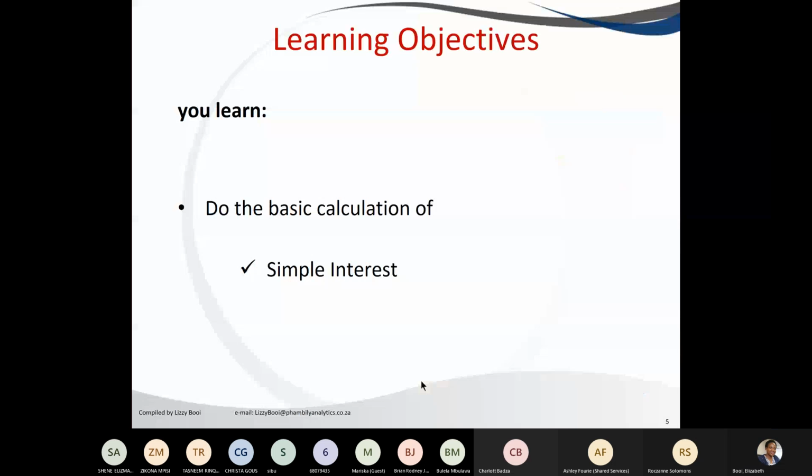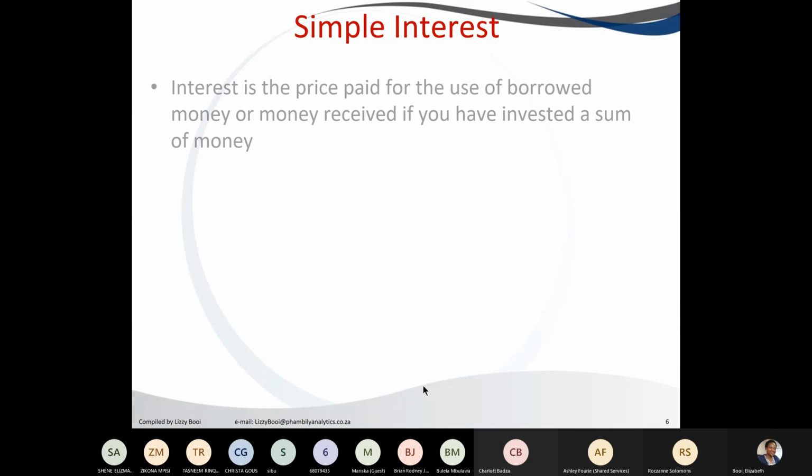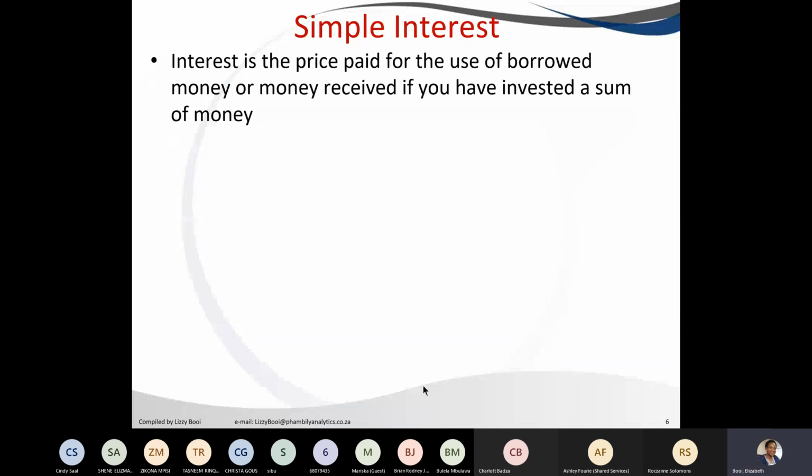So what is simple interest? We're going to start looking at that. Simple interest is the amount you pay on the amount you owe or you save. If you invest money at the simple interest rate, you will get an amount, and that we call interest.